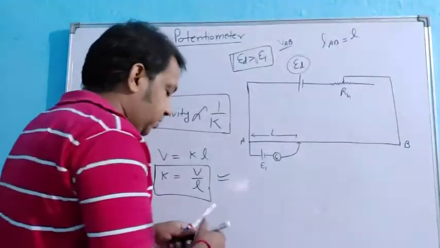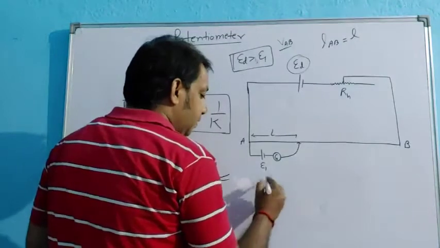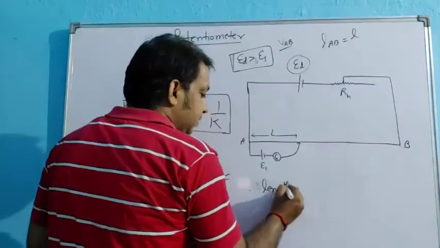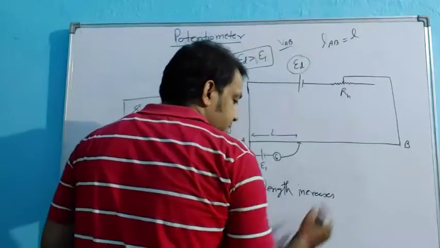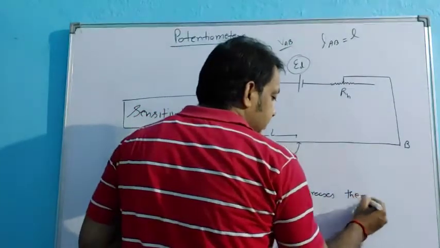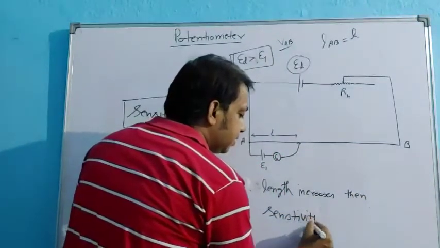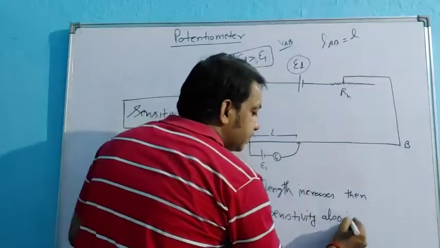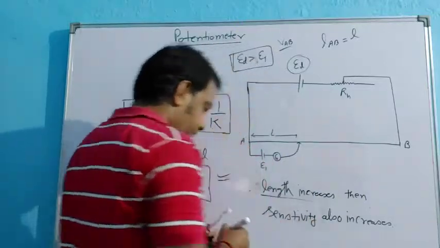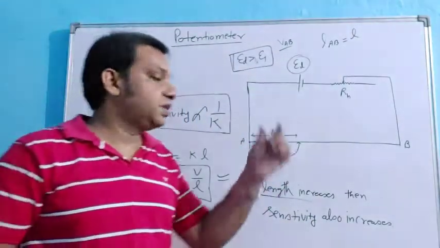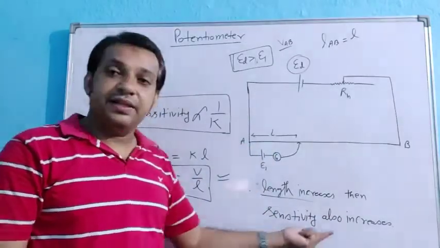So here you should note down a very important line: if length increases, then sensitivity also increases. So we can increase the sensitivity of this potentiometer device by increasing the length.